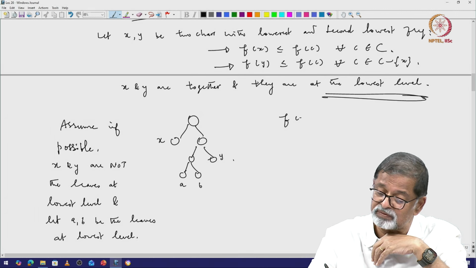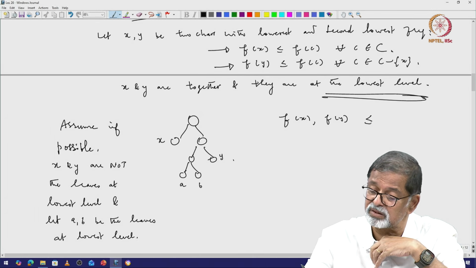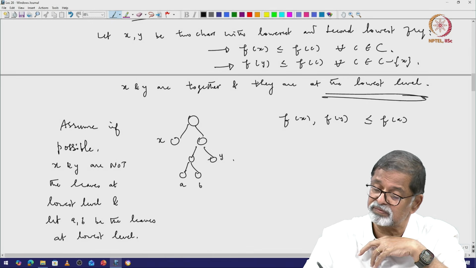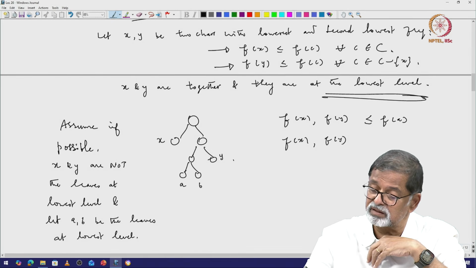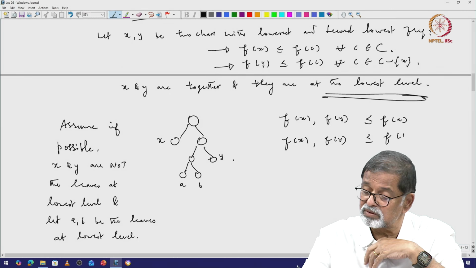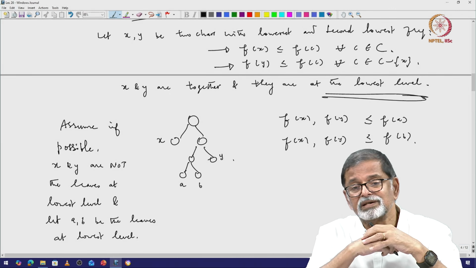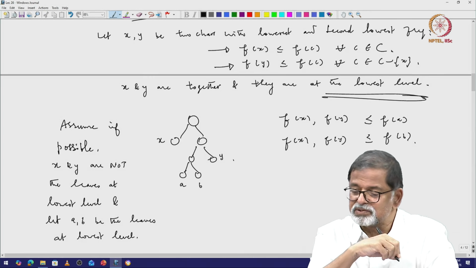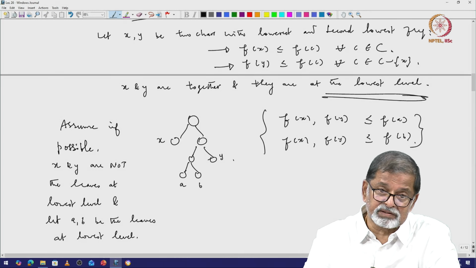So f of x, f of y are less than or equal to f of a. F of x and f of y are less than or equal to f of b. These are the smallest and second smallest. So all others have a higher frequency. It's an important property by our assumption.